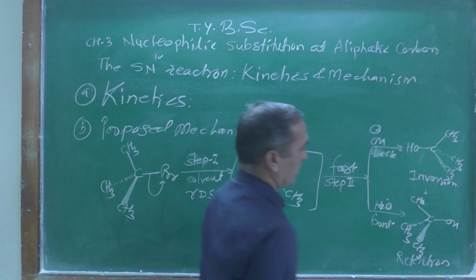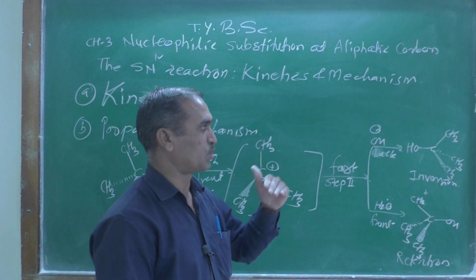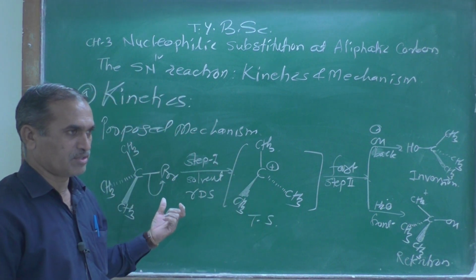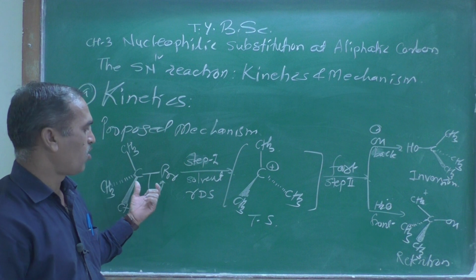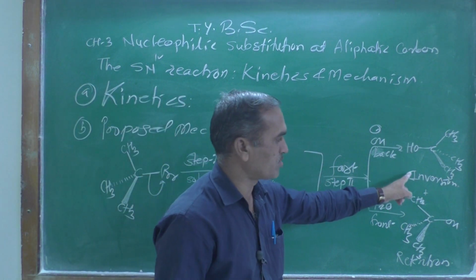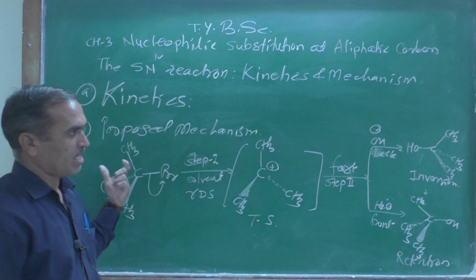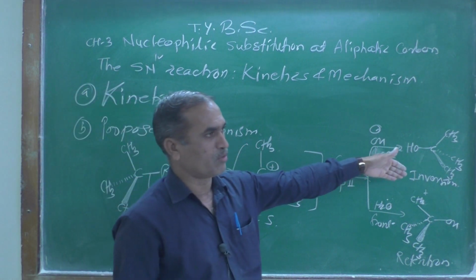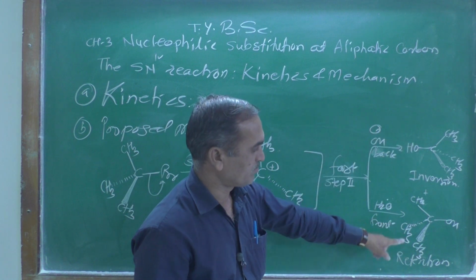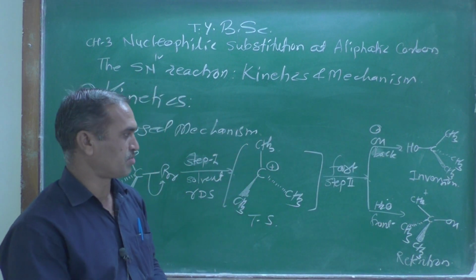Inversion means what? If you start the reaction with an optically active substrate, suppose your substrate has an R configuration, here you will get the inversion configuration as well as the retention configuration.